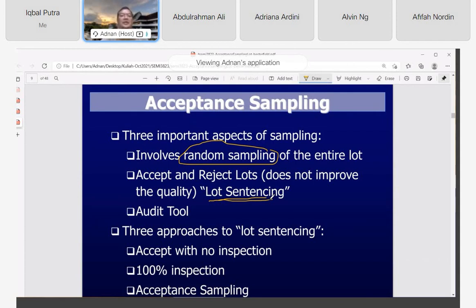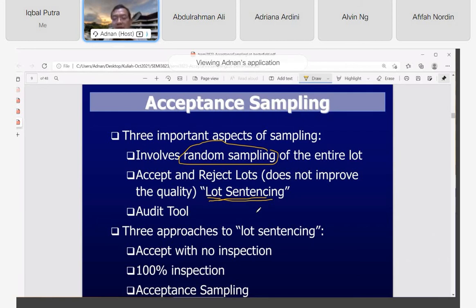Okay, it can also be used as an auditing tool. So not only can it be used for receiving shipments from suppliers, but we also use acceptance sampling for auditing, even from one department to another. Say one department is a cutting department.